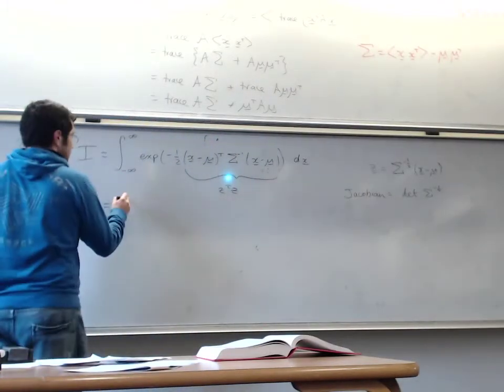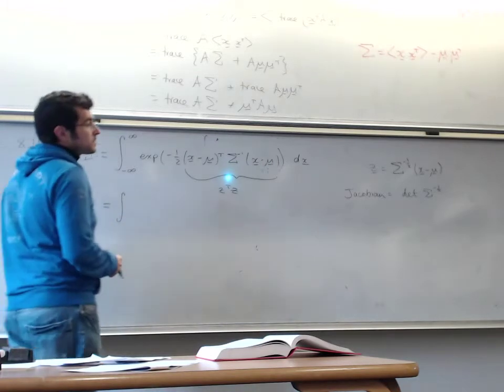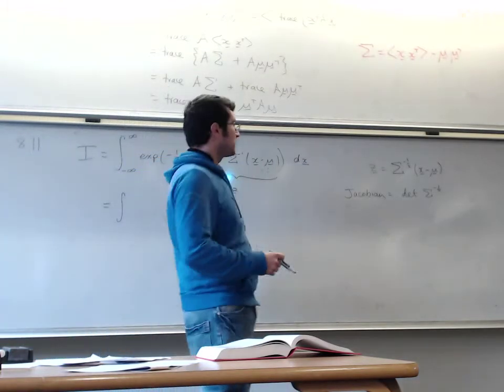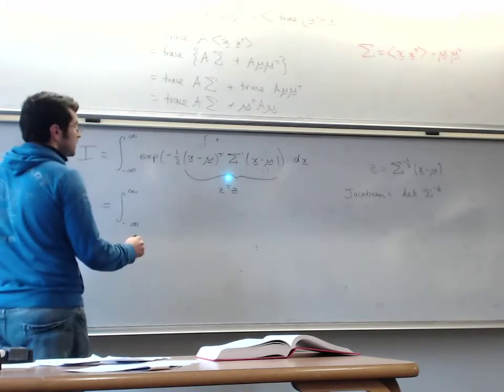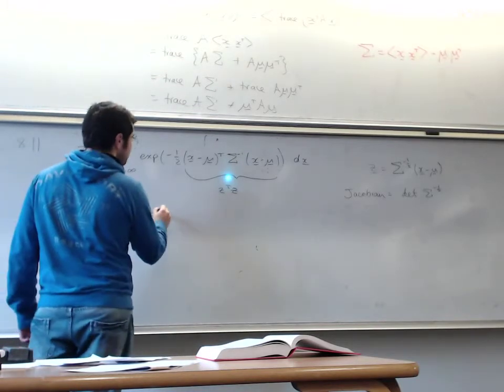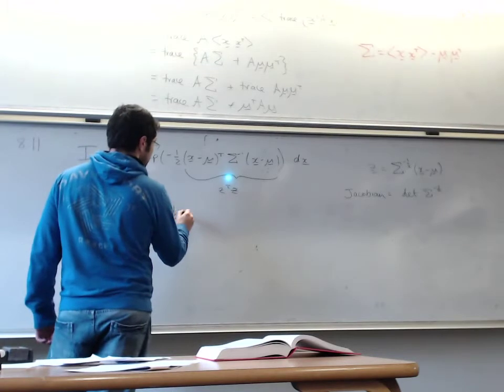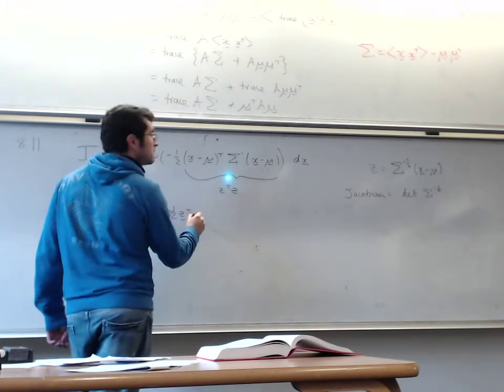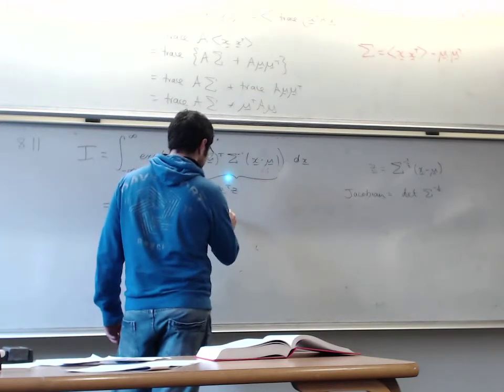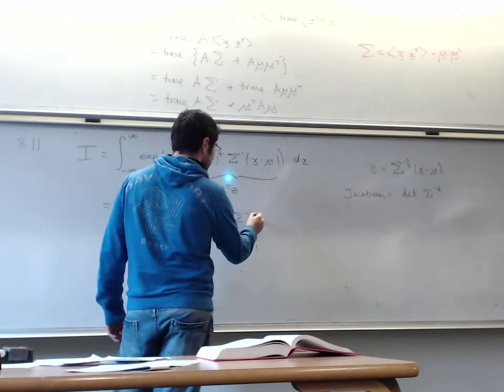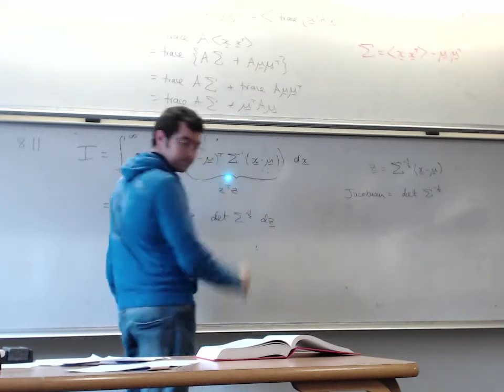So we can write this as the integral. And the limits, I think, stay the same because this function is going to change the limit. The exponential of minus half z transpose z, times this Jacobian, with respect to z.